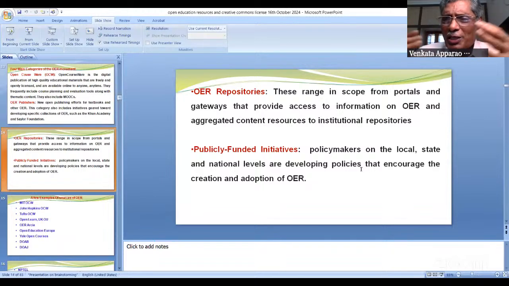Even state governments, central governments can create some fund and then publish various articles, videos, and free and open software. So 4 categories of OER movements are going on currently all over the world.